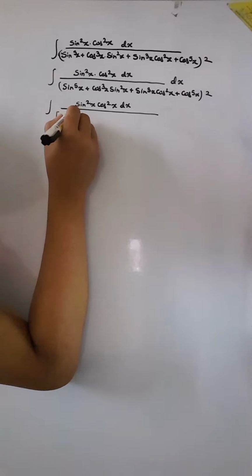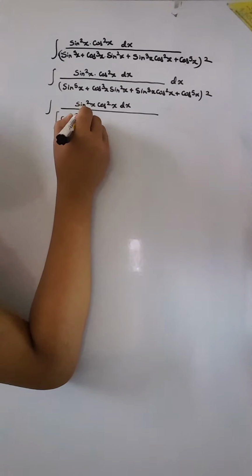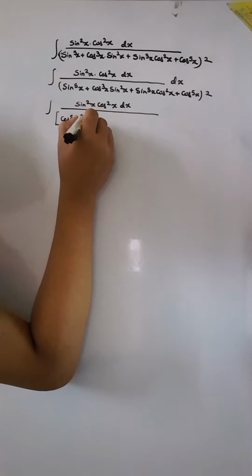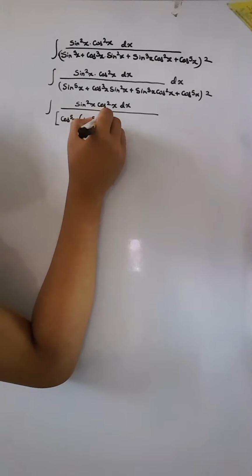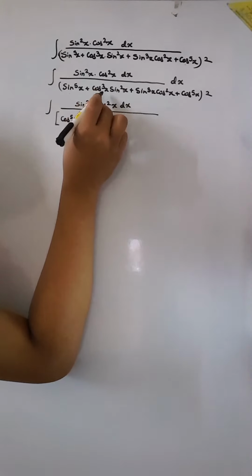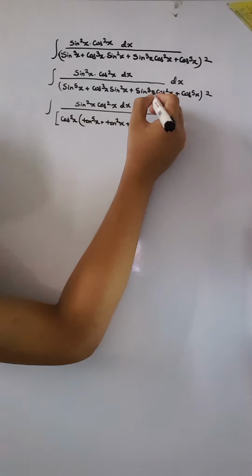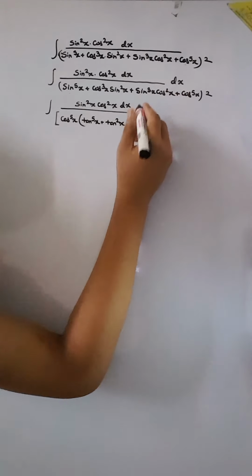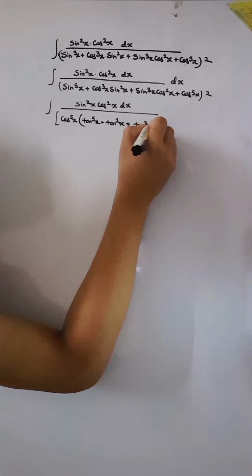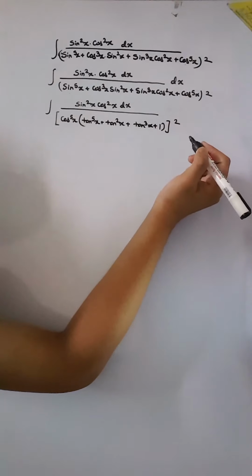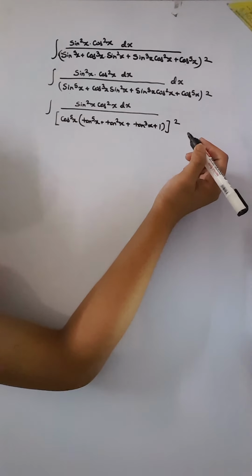So if we take cos 5x as common inside the denominator, then this will be tan 5x divided by cos 5x, which will make it tan square x. This thing will become tan cube x, and this one will become 1 obviously. So this will be the function in that case.